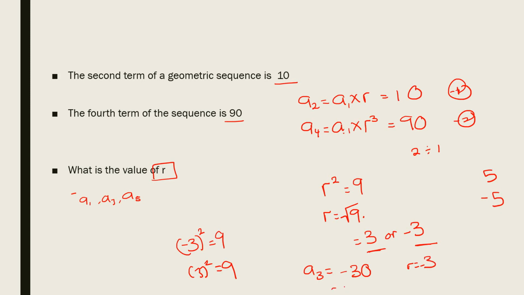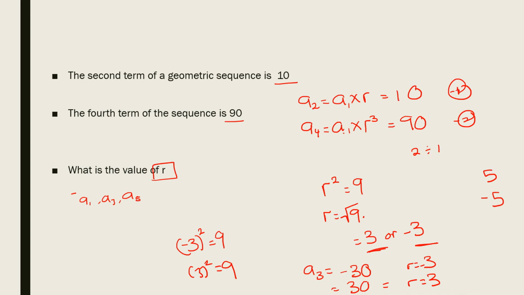Supposing the third term was just 30, we'd say r is 3. But the problem is that we don't know. So it's either this or this. Just something you can put in your arsenal so you can be prepared for any questions.